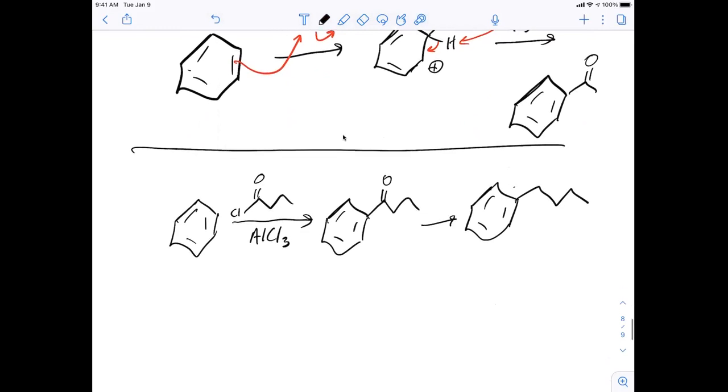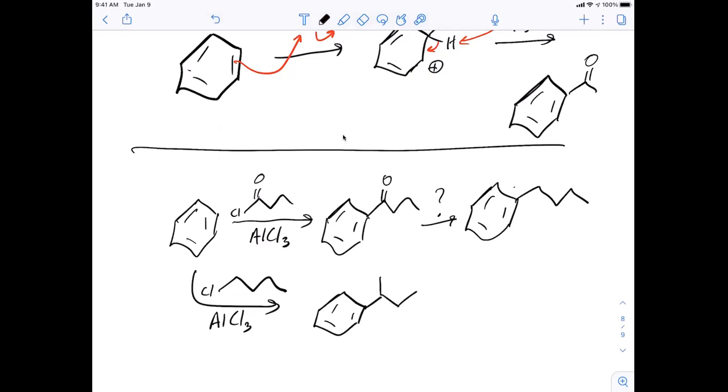That'll get me to this point. Then the question is, can I get here? If I had tried this with the Friedel-Crafts alkylation, right, my product would have been this one, right? So I can't do it through Friedel-Crafts alkylation. I won't get to that product, but I could do it in Friedel-Crafts acylation if I could reduce that carbonyl.